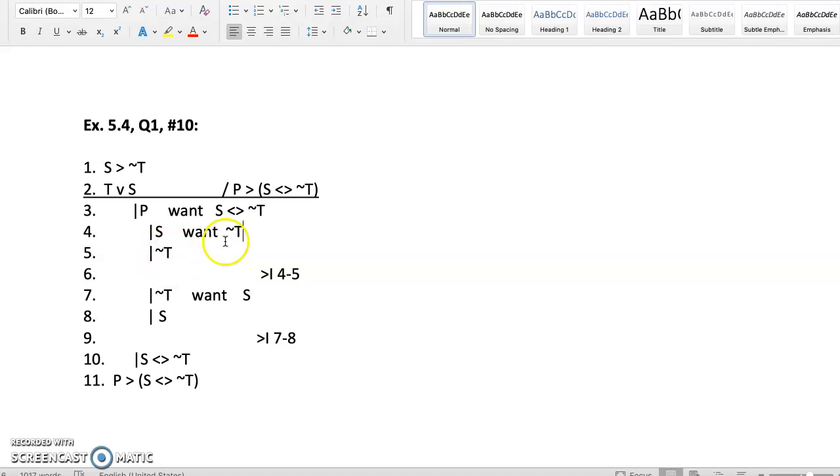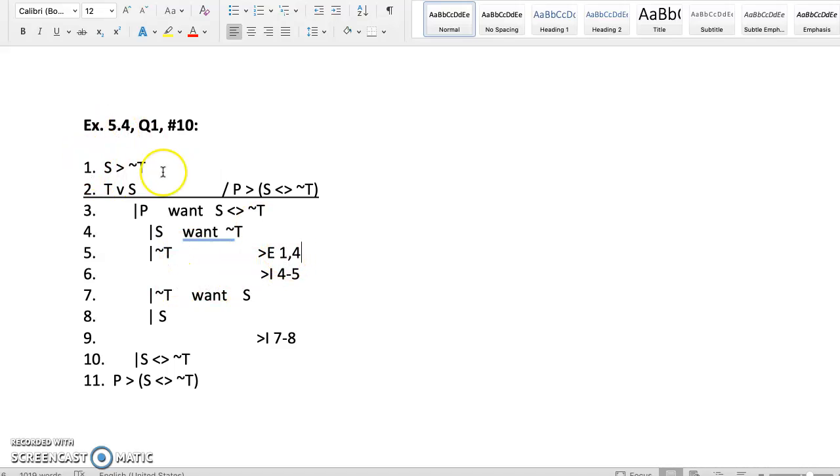And you can see we can get not T in one step. Well, how do we do that? Again, look at our premises up here. We've got not T as the consequent of a conditional, and we do have S, which is the antecedent down here. So we can derive not T using the conditional elimination rule, lines 1 and 4.